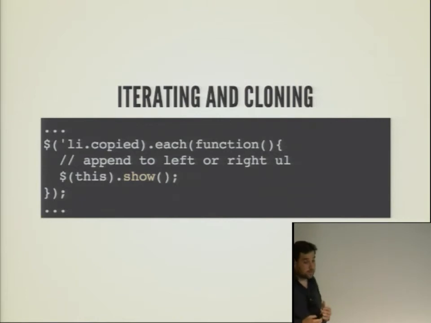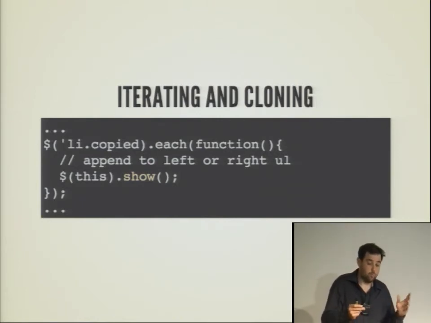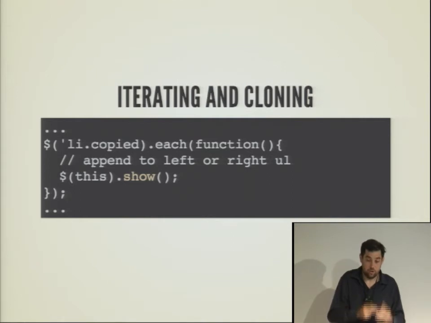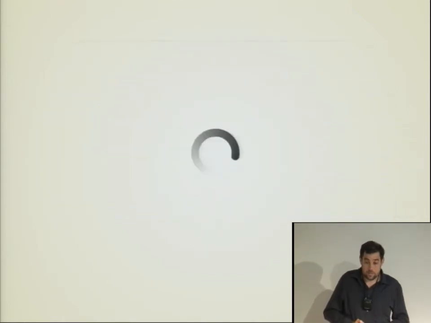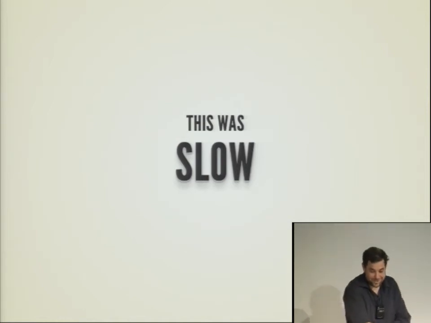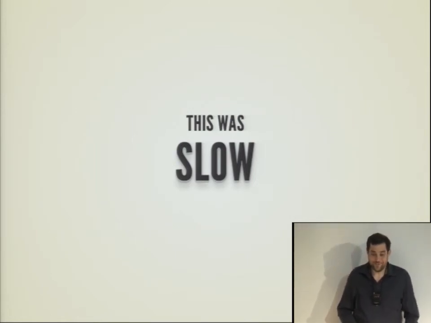And then at the later stage, we refetched these cloned elements and appended them to left or right, and then showed them. Now this was very slow. It was even so slow that Internet Explorer showed this box: the script is not stopping executing. So yeah, we couldn't do that, of course.